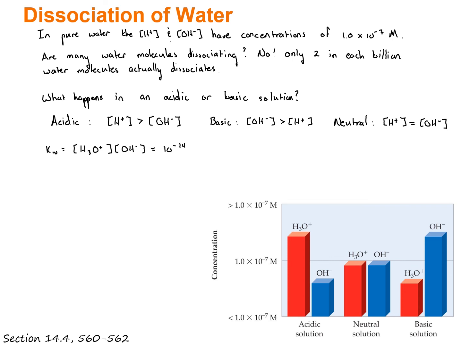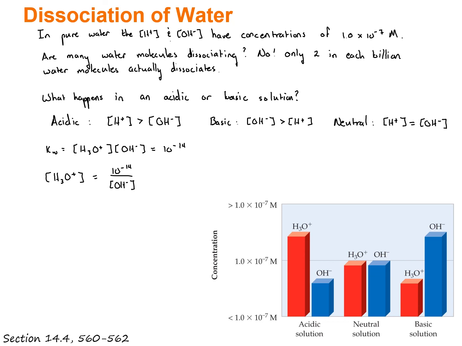So we define this Kw as being the product of the hydronium ions times the hydroxide ions equals 10 to the minus 14. This becomes important because for any solution, this is still maintained. If we're looking at an acidic solution, we're still going to be governed by this equilibrium, and so there's going to be very few hydroxides in a very acidic solution.